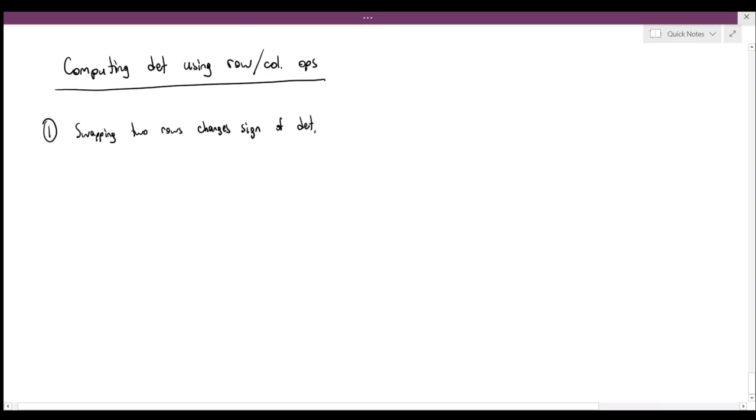This is analogous to how swapping two columns will change the sign of a determinant. That was one of those 5 properties when I was talking about the big formula earlier. So the same is true if you swap two rows: it changes the sign of the determinant. Another type of row operation that we might perform is to multiply a row by a scalar.